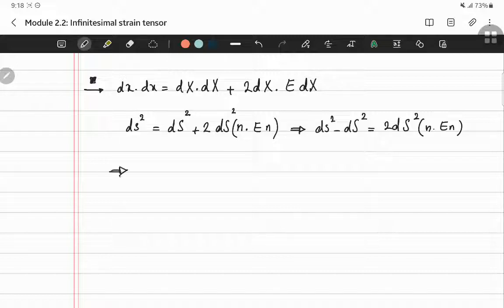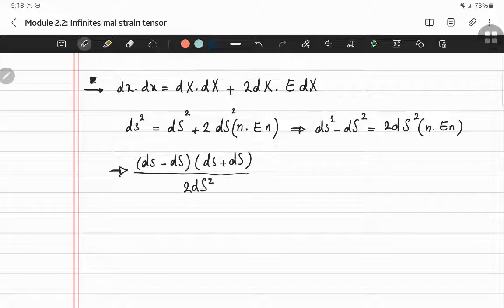Then I write (ds minus dS) times (ds plus dS). So I can break this into this, I have 2 dS squared here, then this is n dot En.